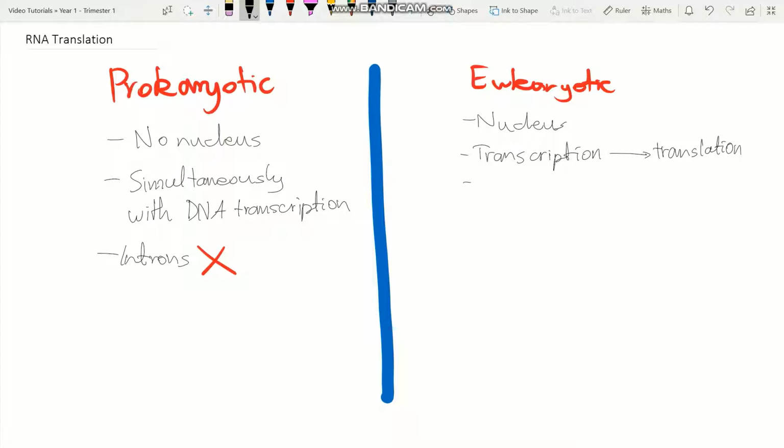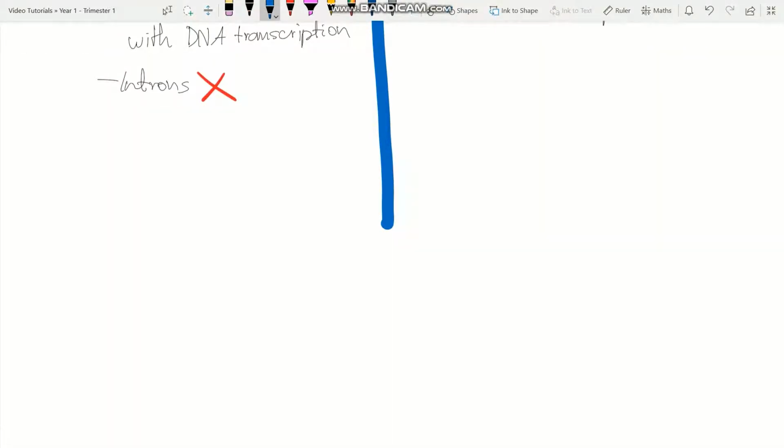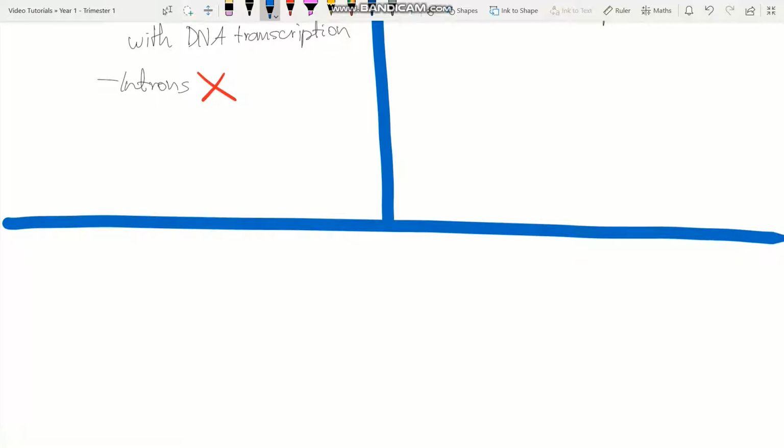However, in eukaryotic cells, introns are removed, as these are essentially, and I say this in quotation marks, nonsense parts of the RNA strand. So, let's get to the process of RNA translation in eukaryotic cells.